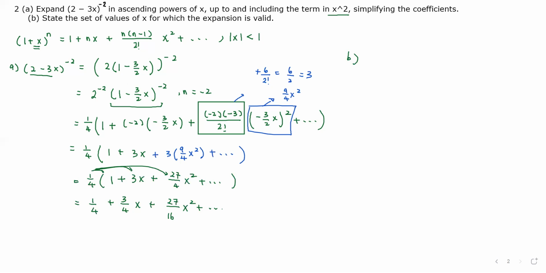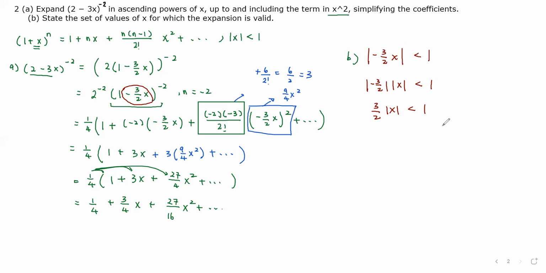So what we look at is this part here, the -3 over 2 x. The absolute value of -3 over 2 x must be less than 1. The absolute value of -3 over 2 x can be written as 3 over 2 times the absolute value of x, less than 1.